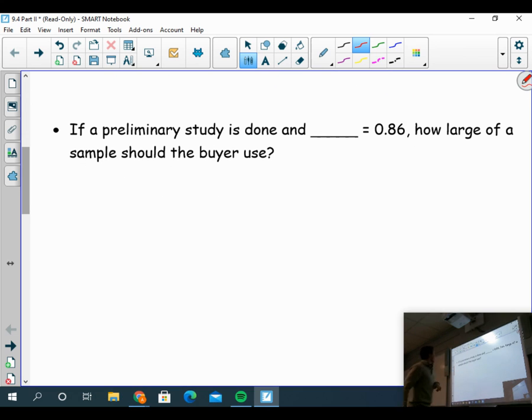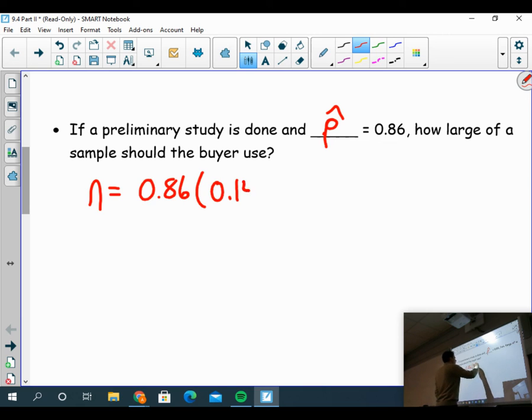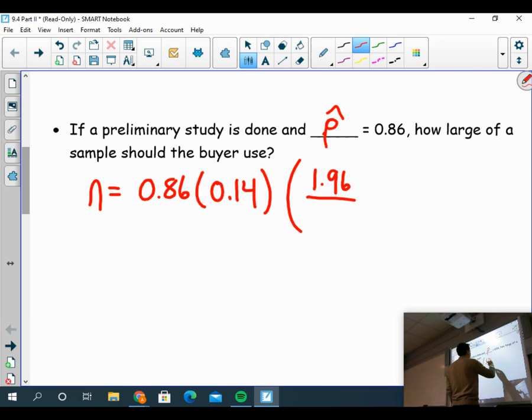Well, let's say a preliminary study was done, and p hat of that preliminary study was 0.86. Now, how large of a sample should the buyer use? This changes the game, because now we know p hat and we know q hat. Again, our critical value is 1.96 and our error is 0.01.